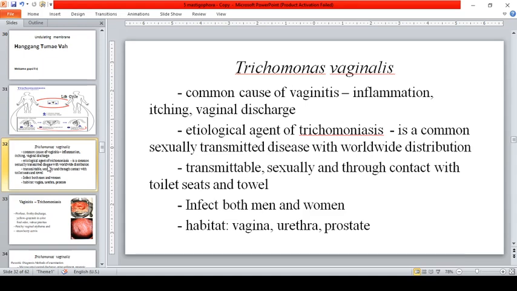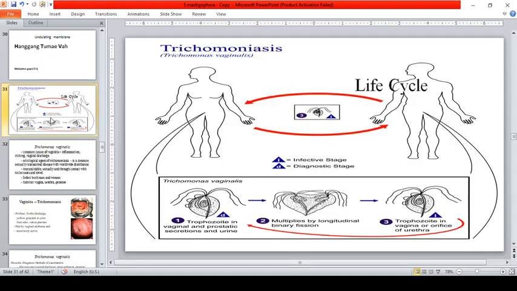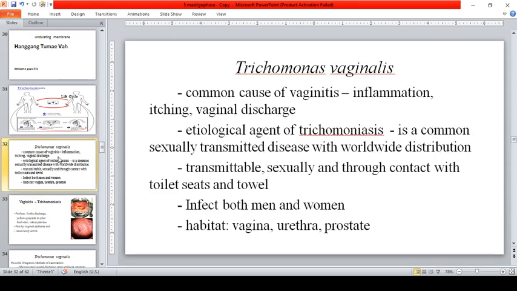So, aside from sexual contact pala guys, so hindi kasi ako nag-review. Okay? So, aside from sexual contact, possible din na matransmit yan sa toilet seats and towel. That's why do not share your towels, okay?